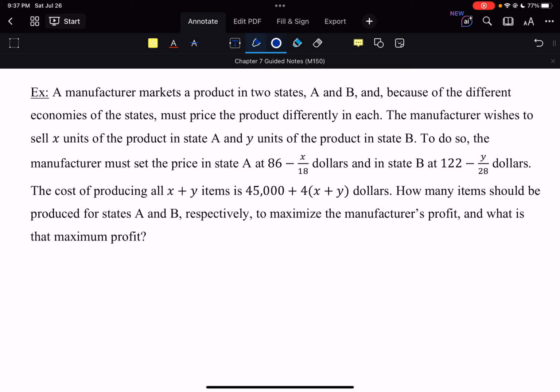The manufacturer wishes to sell X units of the product in state A and Y units of the product in state B. To do so, the manufacturer must set the price in state A at 86 minus X over 18 dollars and in state B at 122 minus Y over 28 dollars. The cost of producing all X plus Y items is $45,000 plus 4 times the quantity X plus Y dollars. How many items should be produced for states A and B respectively to maximize the manufacturer's profit, and what is that maximum profit?